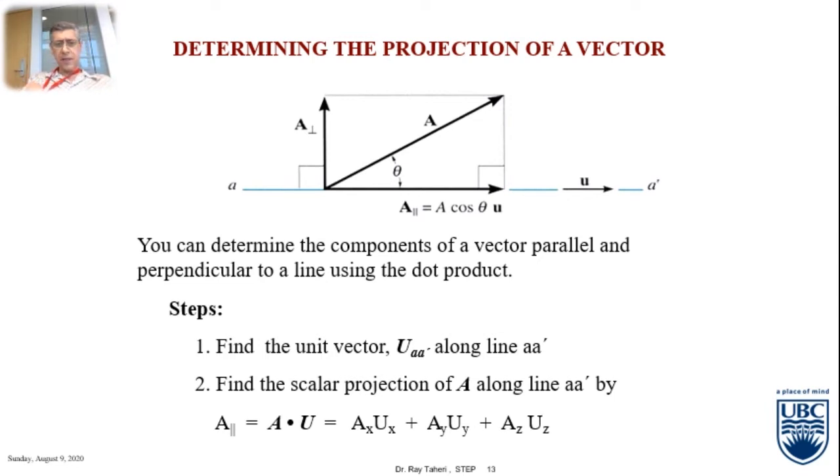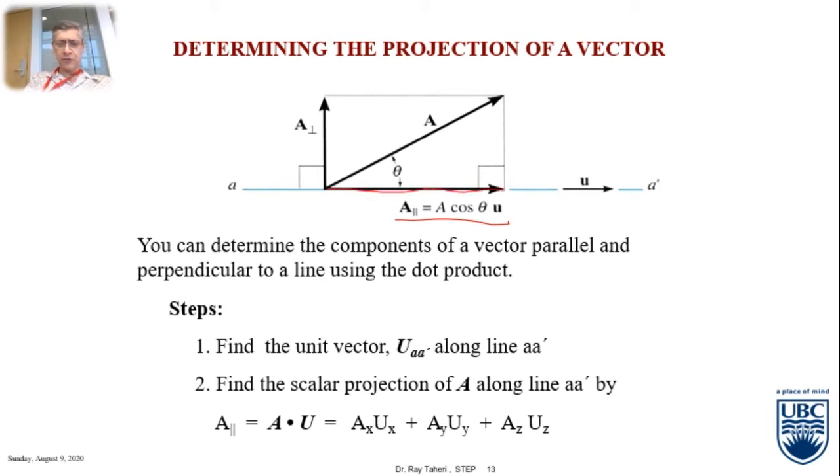Here is the projection of a vector on two axes. This component here is the dot product of A on the A prime direction or alignment. If I have this vector, I find the dot product of this vector on this, which gives this magnitude.